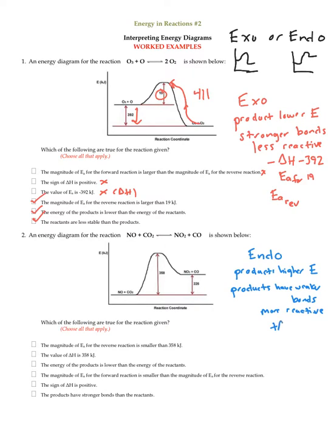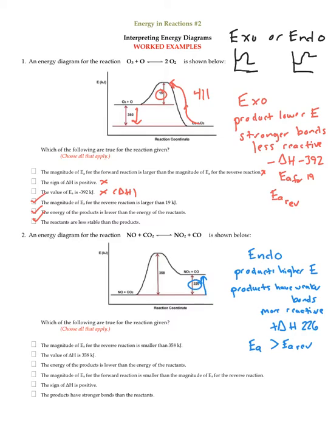We're going to have a positive delta H. In this case, you can see, again, we're moving up from reactants to products, that it's 226. And in terms of activation energy, the activation energy of the forward direction is going to be greater than the activation energy for the reverse direction, right?